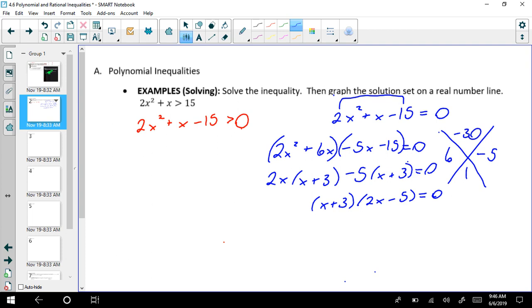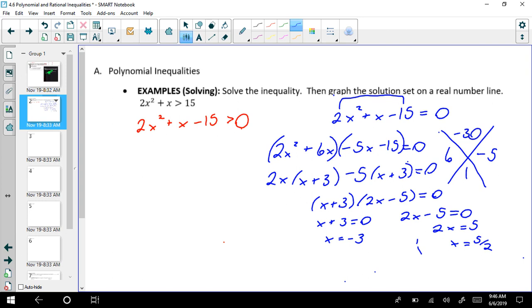And I want to set each factor equal to 0. So subtract 3. Here I would add 5 and then divide by 2. So I get negative 3 and I get 5 halves. Those are the two numbers that would make it equal to 0.